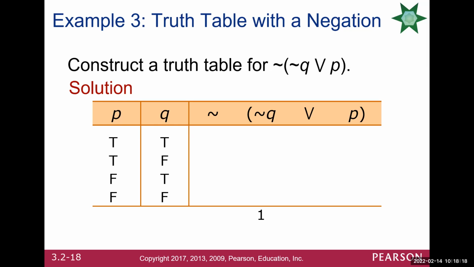So if you notice cases 1, 2, 3, and 4, the truth values are true, true, false, false. Looking at case number 1, the truth value for the P statement is true, right? So what would the negation of true be? It would be false.